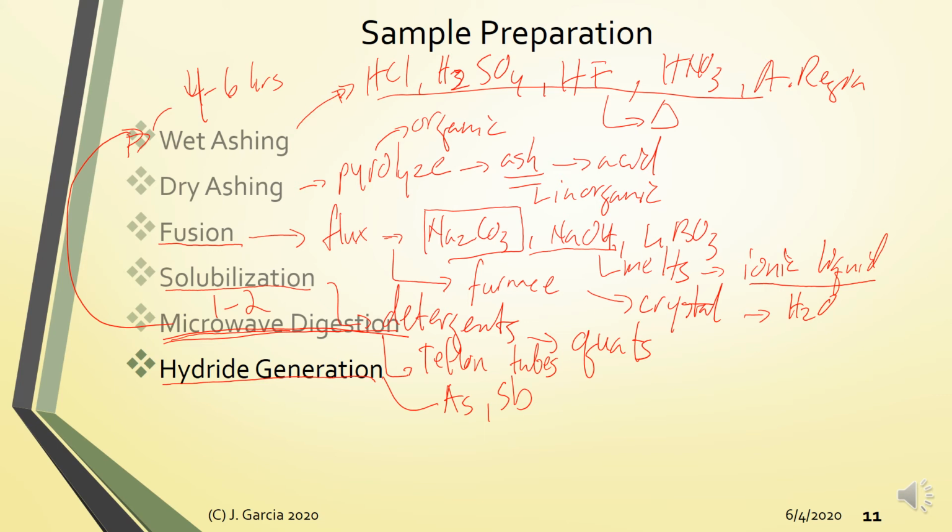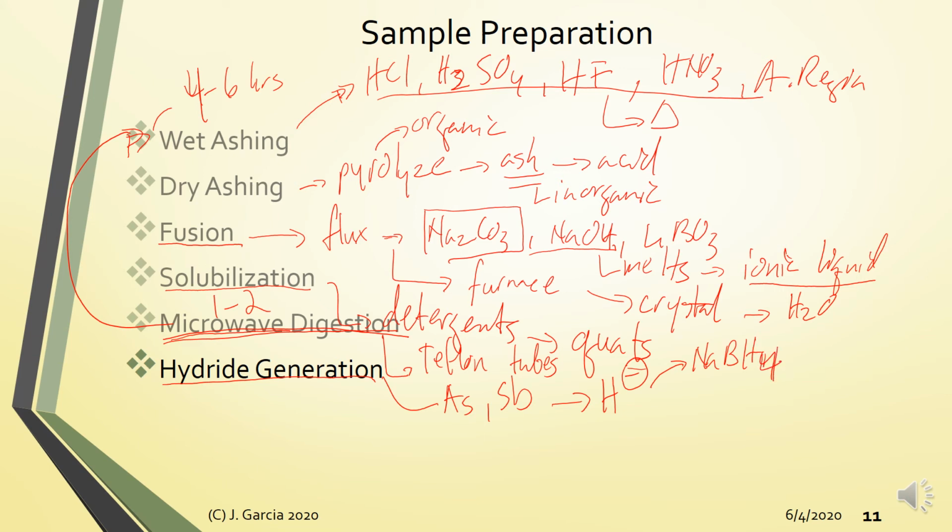They have low volatility, that's the term. So to increase their volatility and to readily transform them into free atoms, what you do is you react them with hydride. What is hydride? H negative 1. In the hydride generator, usually the hydride source is your sodium borohydride, which you know from organic chemistry.